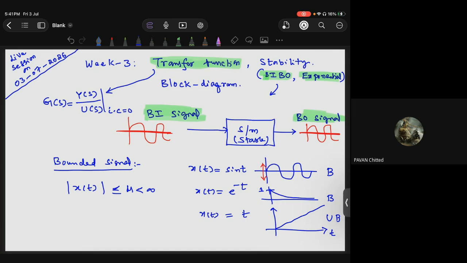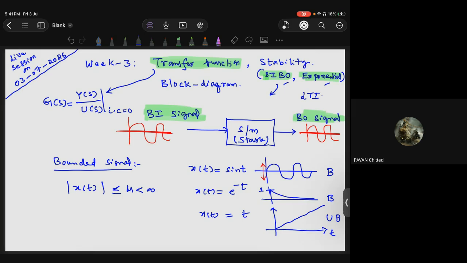BIBO stable and exponentially stable are different, but when it comes to LTI systems, both are the same. Okay, sir. But in the DSP course, they defined BIBO stability using: if the ROC includes the j omega imaginary axis, then it is BIBO stable. Maybe that definition could be right.